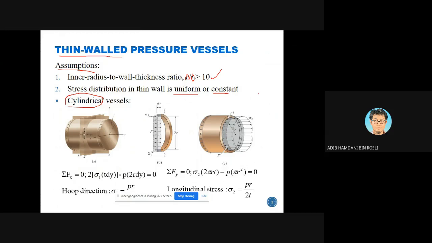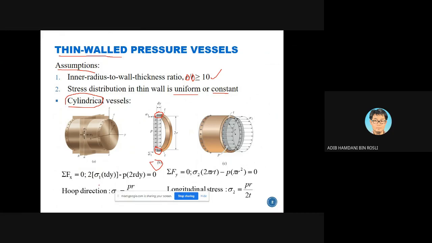So if you cut, for instance, can you see this B? If you cut and you have this stress distribution on these surfaces, you say that they are uniform and constant. Simple as that.